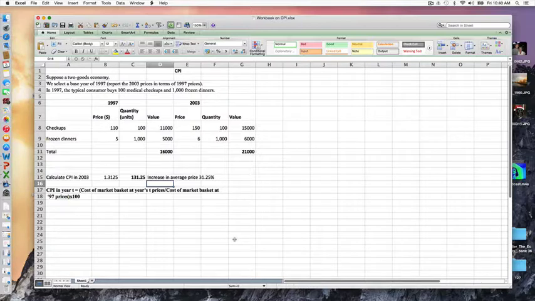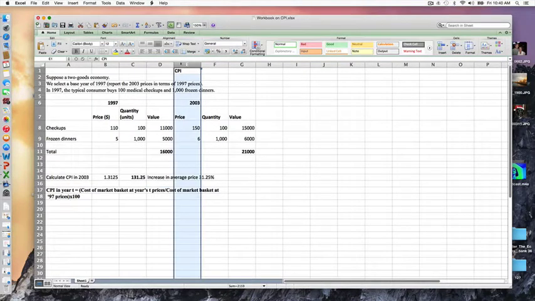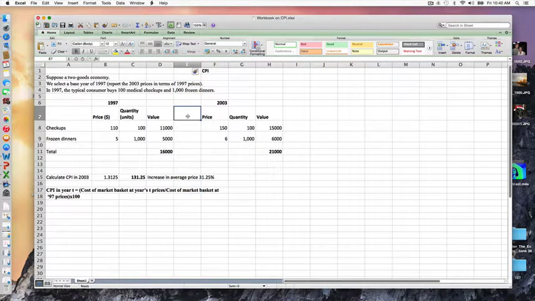Now, what if you are asked to calculate the item weight in the basket for every year? How much, relative to your income, you paid for each of the goods, which is called the item weight? Well, let's do this exercise too. Let's create a column here and say item weight.